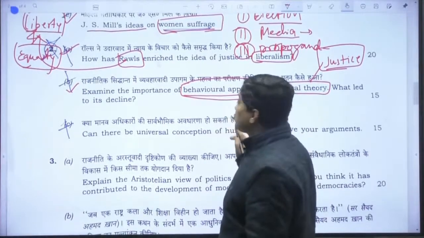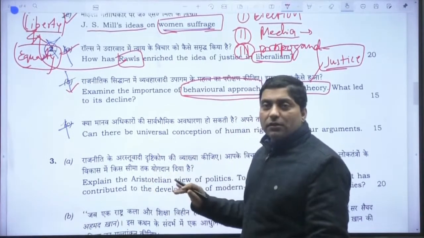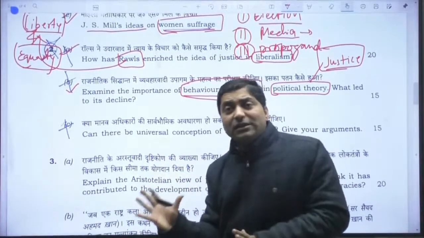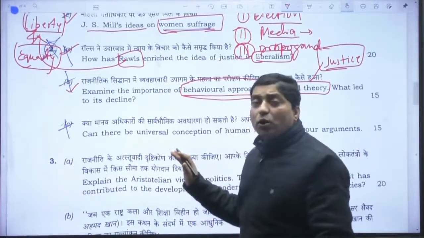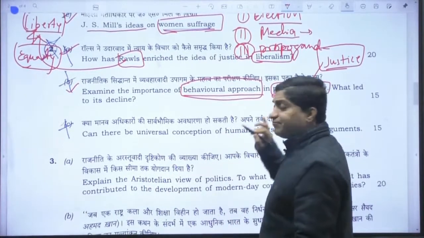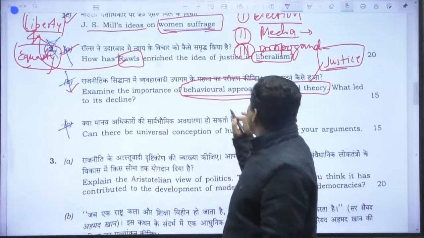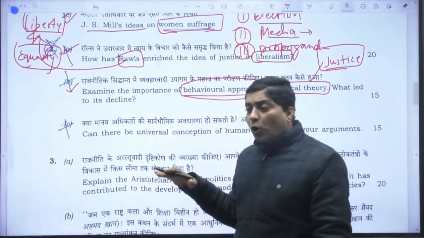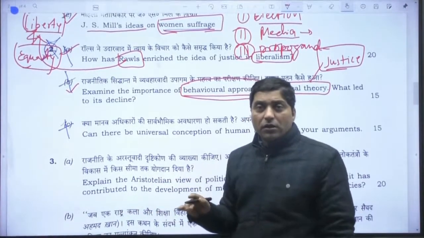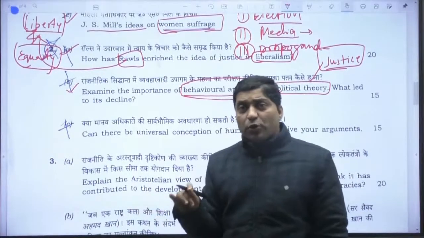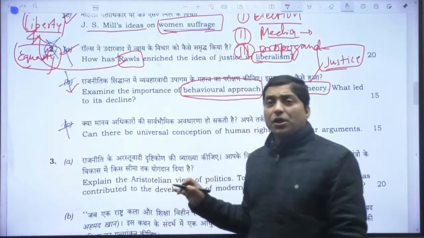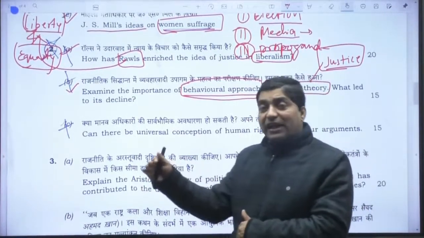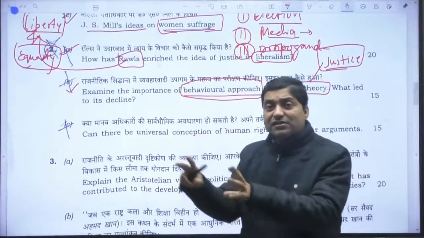But the behavioral approach tried to quantify, to systematically arrange mathematical data across all the social sciences, including political theory. They argued that we should first observe all social phenomena, and after observation, systematically arrange the data, and once you have arranged the data, then you can generalize, right?